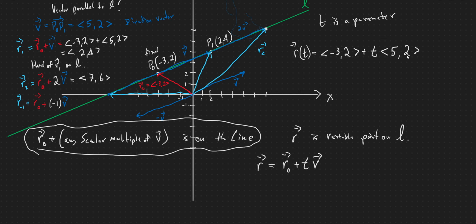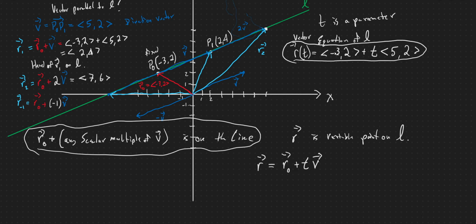So this works for my equation of the line, equation of L, and we call this a vector equation because I have a vector which depends on my parameter t, and I have an expression that churns out any vector on the line right here. So this works brilliantly. This is my vector equation of the line L.